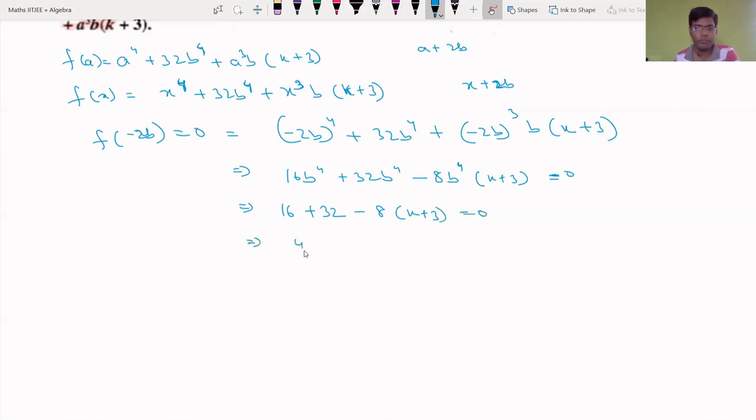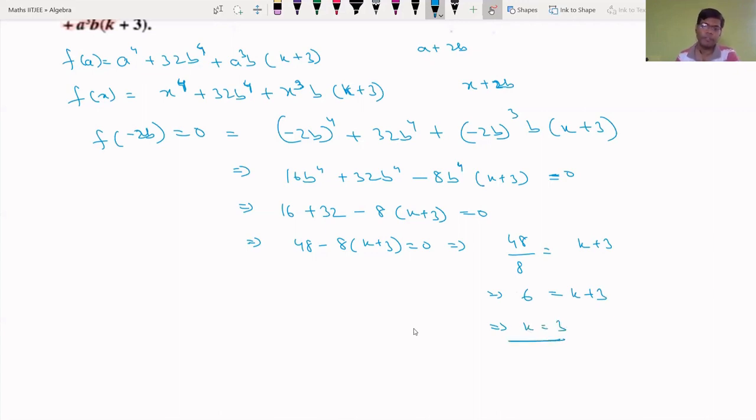So this will be 48 minus 8 times k plus 3 is equal to 0, which implies, let me take this term on the other side, 48 by 8 is equal to k plus 3. And 48 by 8 is 6, equal to k plus 3, which implies k is equal to 3.